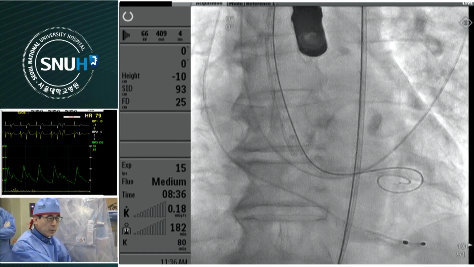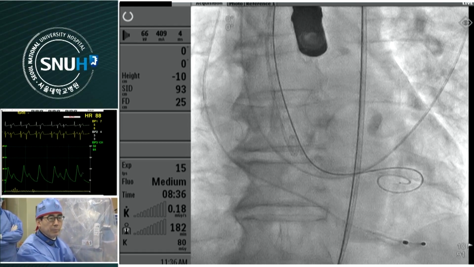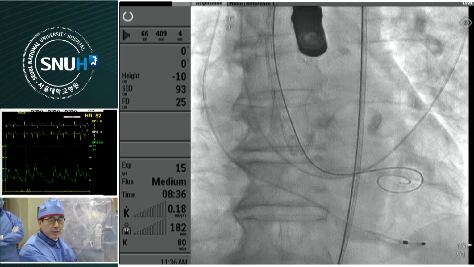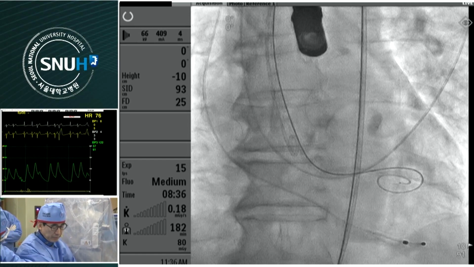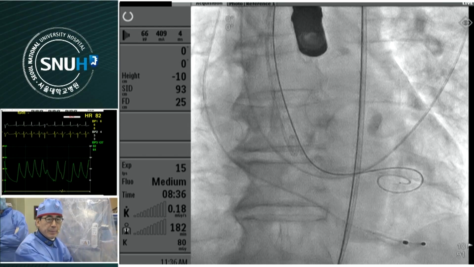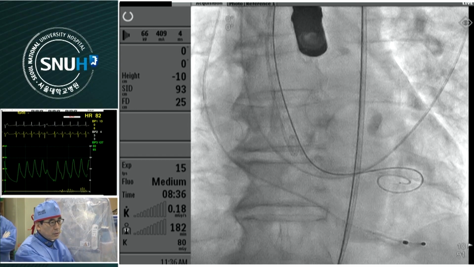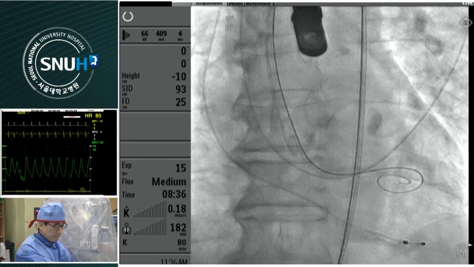And if the stenosis is very severe, then we perform pre-dilatation when using a SAPIEN system. But in the case of self-expandable valves, LOTUS and Evolut, the valve is covered by a sheath. It is very slippery. Thus, usually we don't need dilatation for the passage of the valve into the LV.